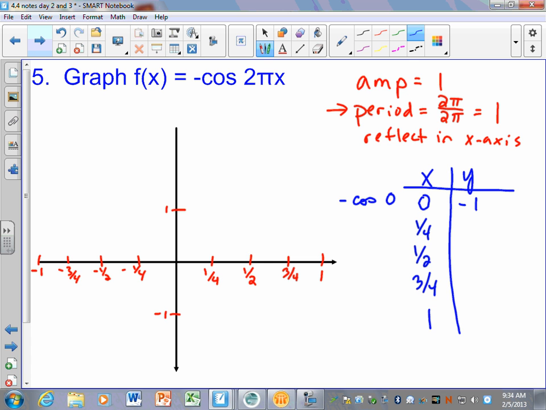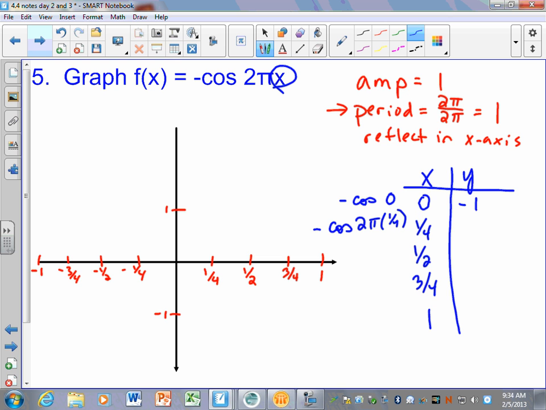I'm plugging it in for x, right? These are my x values. I'm just plugging it in for x, but 2 pi times 0 is just 0, right? And if I plug 1/4 into x, I guess I can show some more work here. 2 pi times 1/4. What is 2 times 1/4?